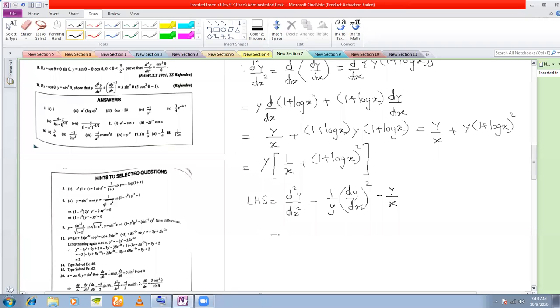Okay, now put the values. d2y/dx2 we have found as y times 1 by x plus 1 plus log x whole square.